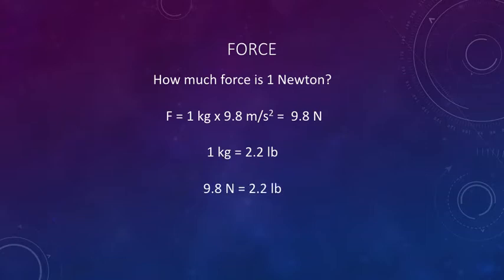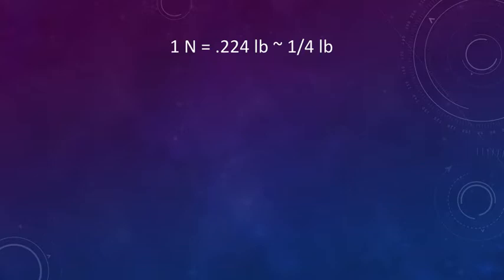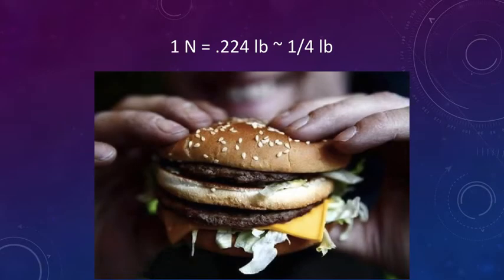So if 9.8 newtons equals 2.2 pounds, dividing both sides by 9.8 gives us 9.8 newtons over 9.8, which equals 1 newton, equals 2.2 pounds divided by 9.8, which equals 0.224 pounds. So 1 newton equals 0.224 pounds, or about a quarter of a pound. So the force exerted on your hand as you hold that quarter pounder from McDonald's is about 1 newton.